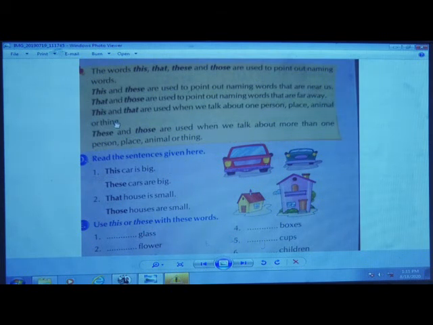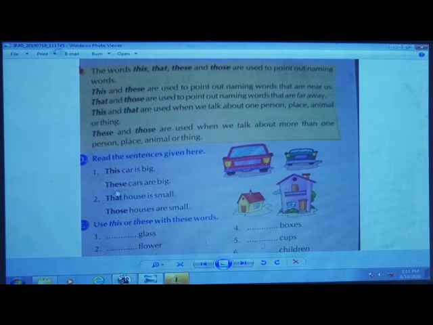When you are speaking about only one person or one place, one animal or one thing, we use this and that. But when we speak about more than one person, many persons standing, 2 or 3, then more than one place, more than one animal or more than one thing, we say these and those.